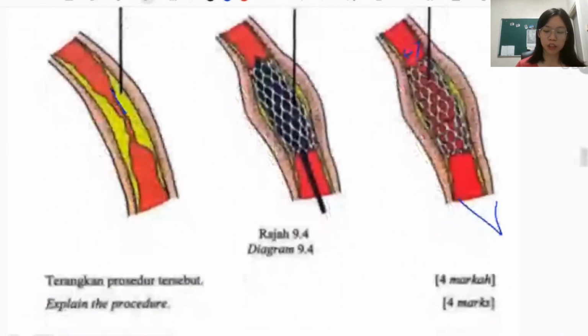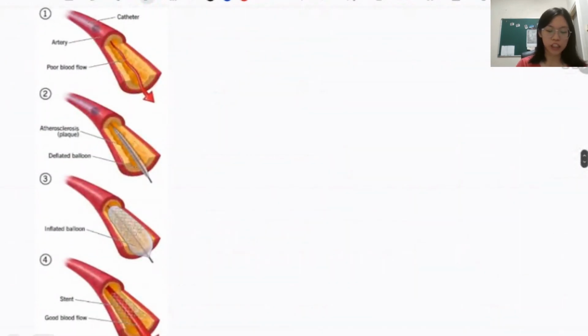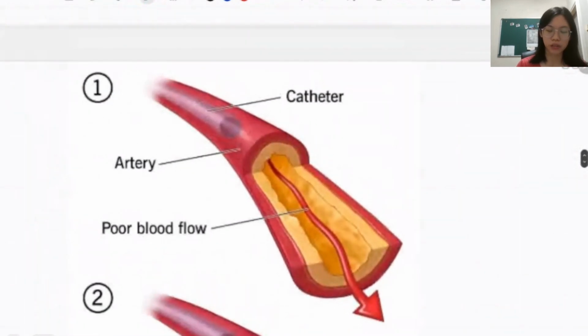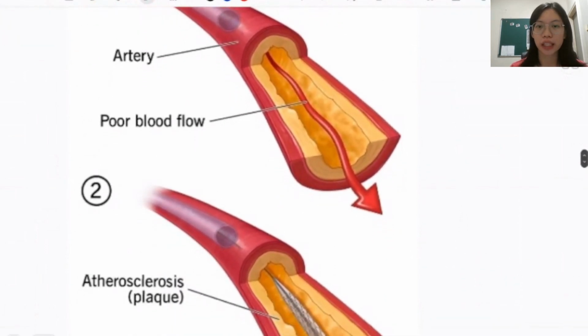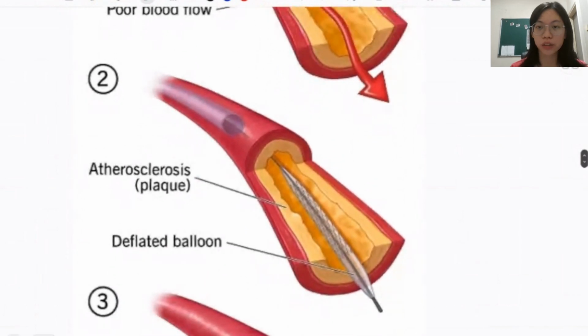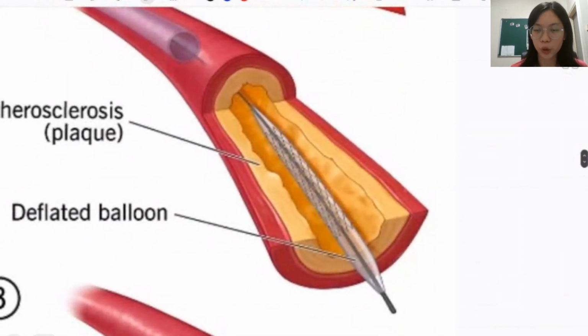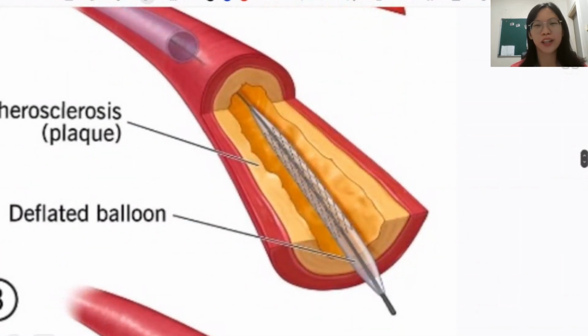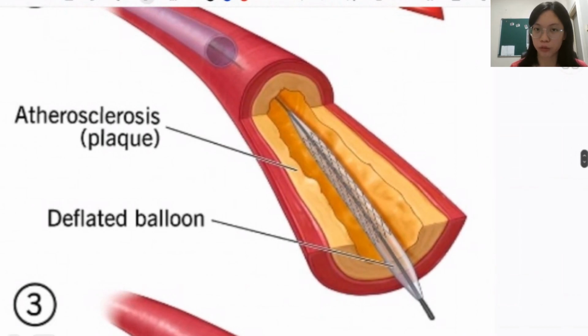So they will use a very tricky method. They will insert a wire, a catheter, like just now. At that time you can see the balloon is not big. Why would you make a big balloon and insert it, very hard to insert, so you use a deflated balloon first.